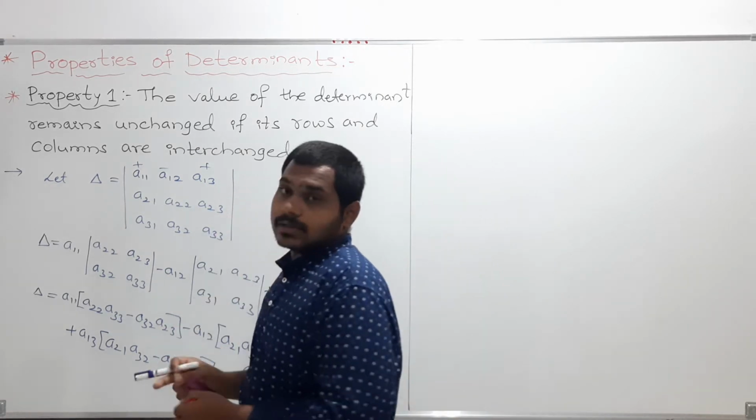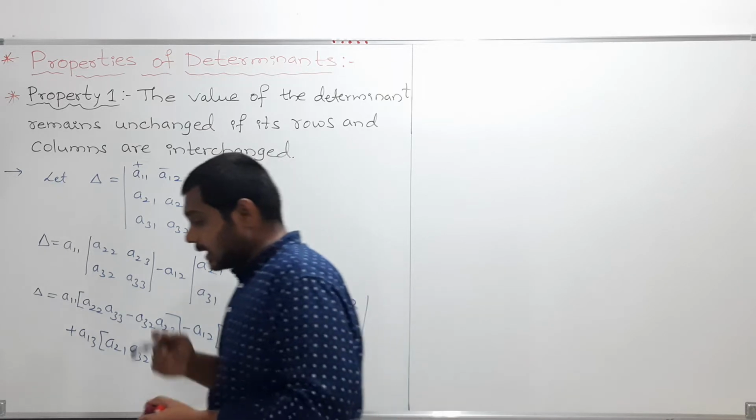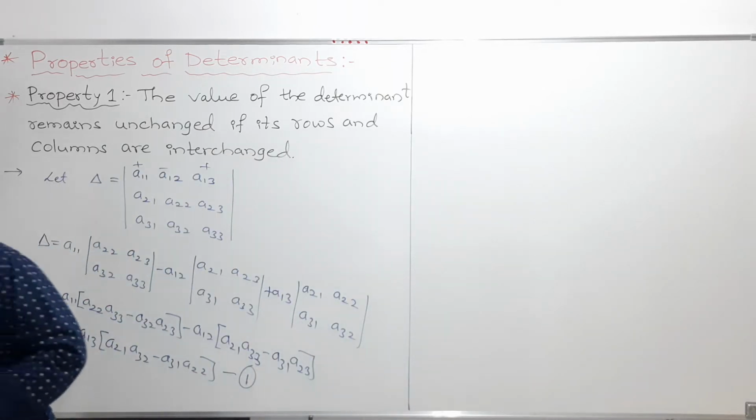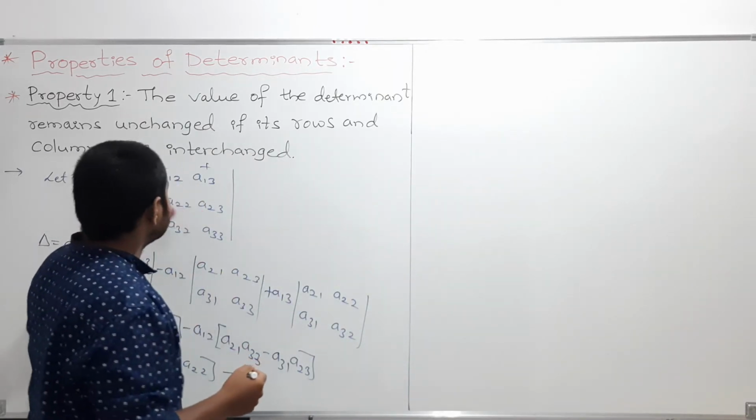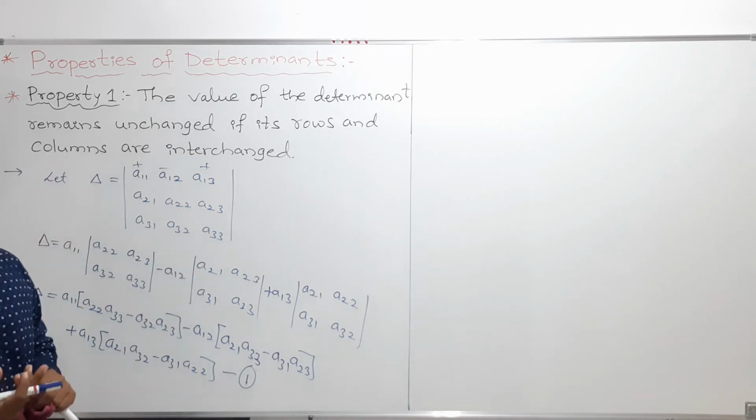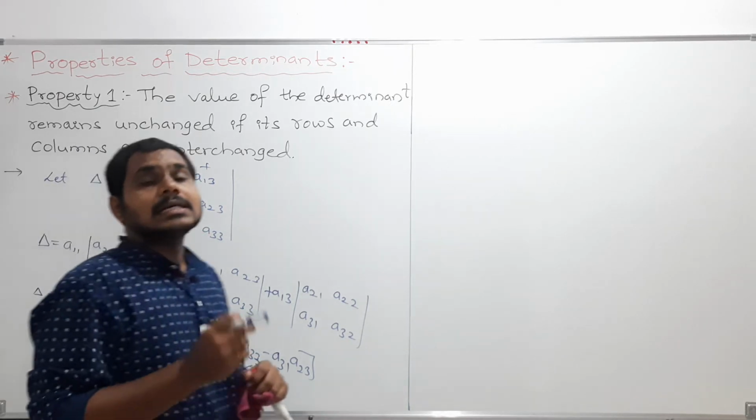And next, my dear students, what I will do is consider delta 1. What is delta 1? Delta 1 is nothing but what I get after interchanging these rows into columns, and I will call it delta 1.